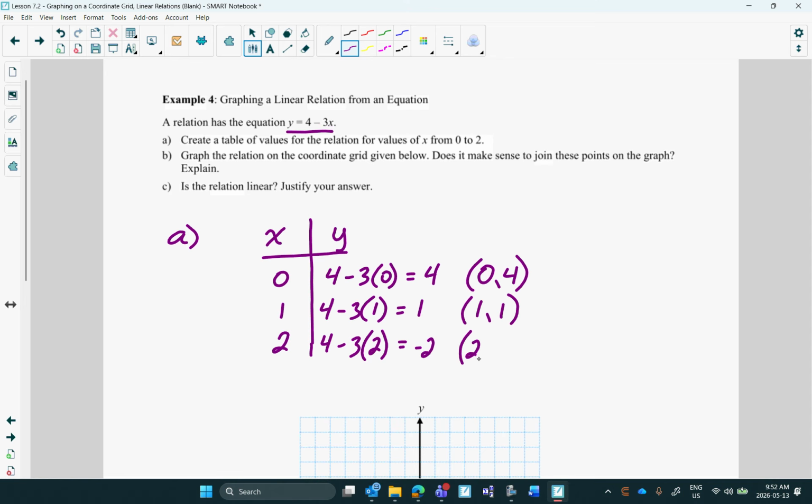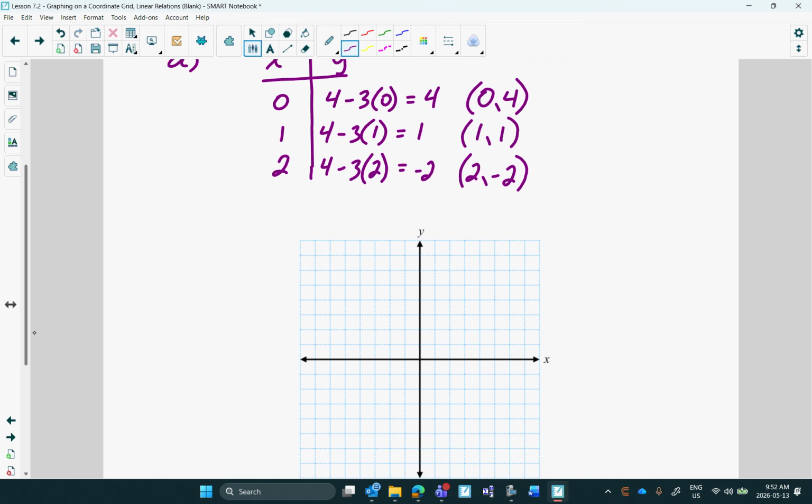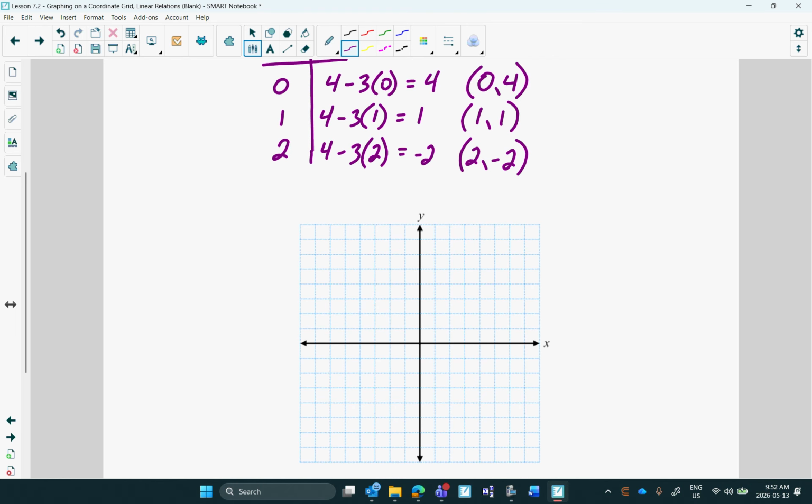A third point is 2, -2. Now we want to plot these points, which we should be familiar with now: 0, 4, 1, 1, 2, -2.